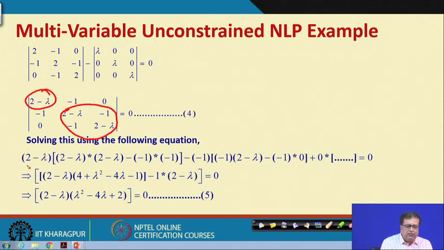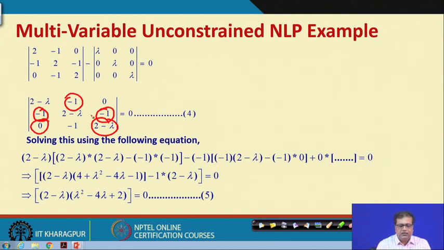So, that is the first term. The second term starts with this, and it should take these terms. But please remember, there is a cofactor, so there should be a negative sign also. That is what has been done in the case of the second term.